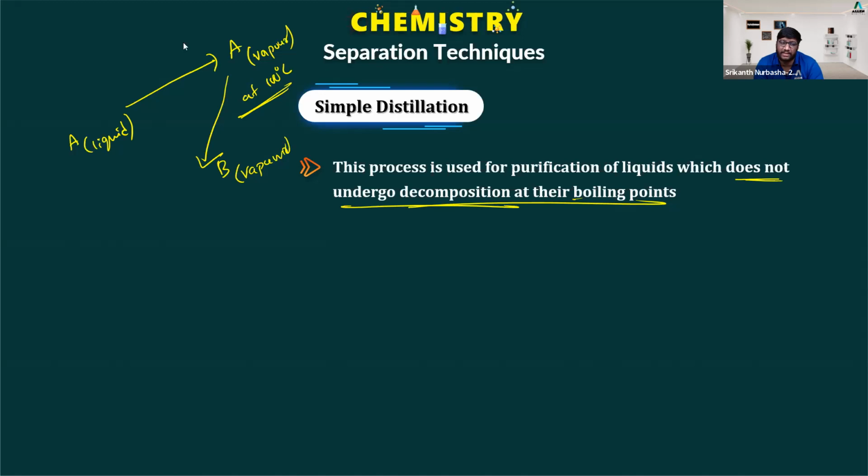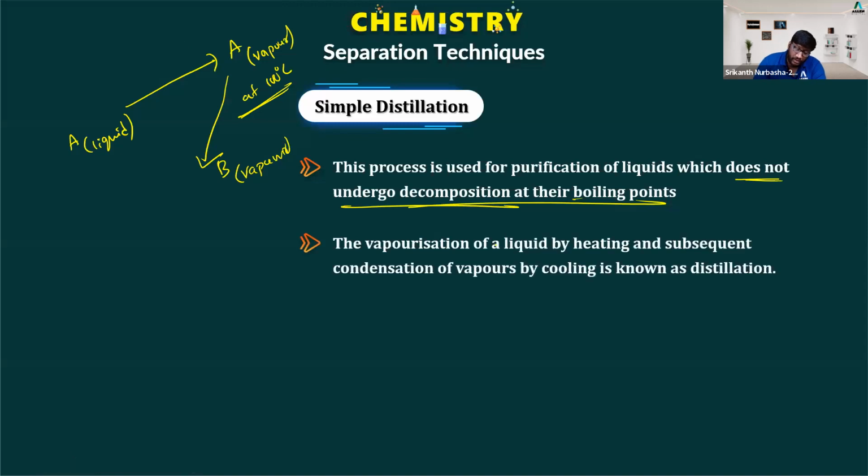If at or near the boiling point A itself is converting into some other compound, then how can we call this purification? Yes or no? Because we are not getting A at all. So we are not going to use simple distillation if a compound is going to decompose at or below the boiling point. Same for fractional distillation: we should not use it whenever decomposition happens near the boiling point.